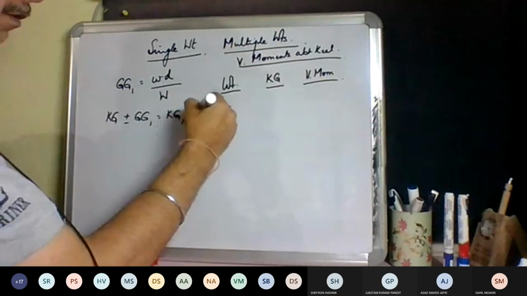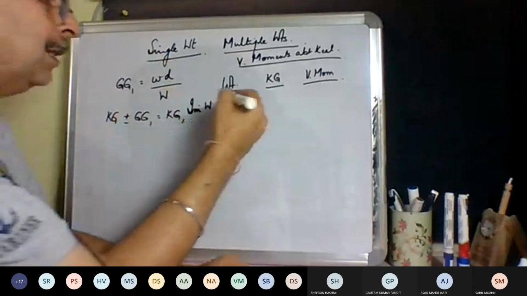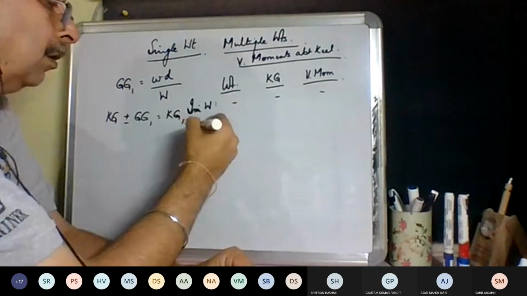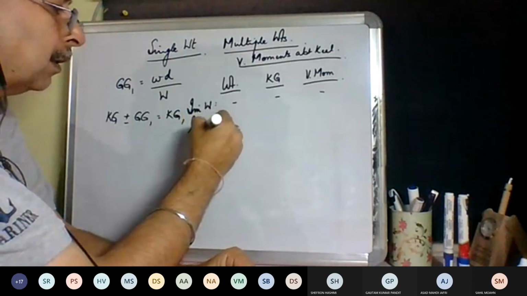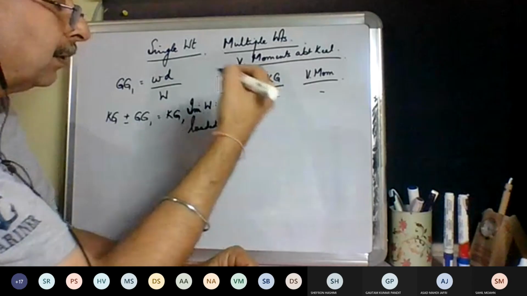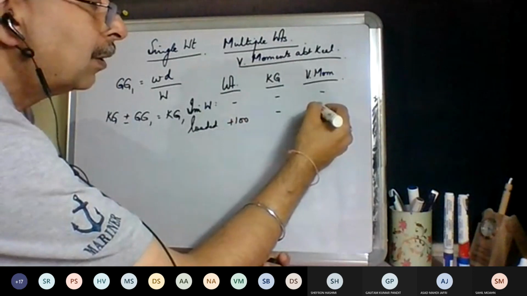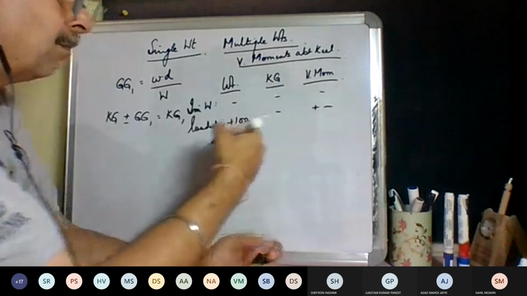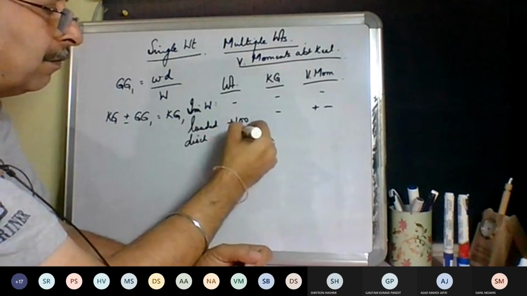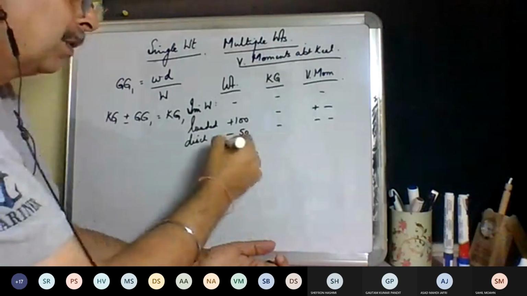So the initial displacement will be given to us. That will be the initial condition. Supposing I have loaded 100 tons, so plus 100, with the KG of the weight which is loaded, that will give me plus whatever is the quantum. If I have discharged, then minus 50 with its KG, that will be subtracted.